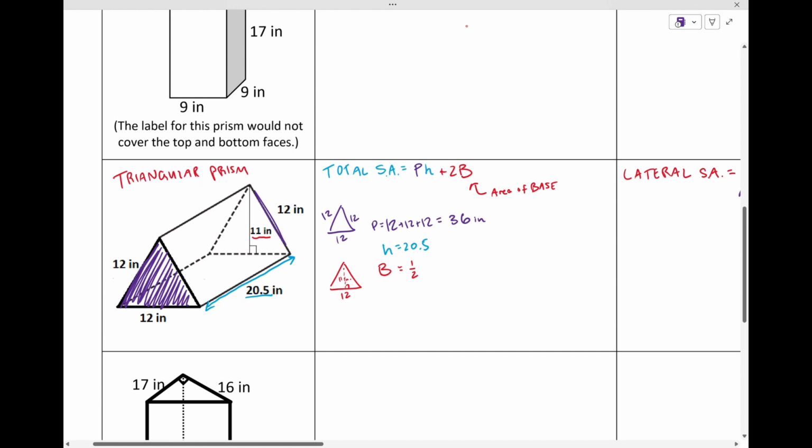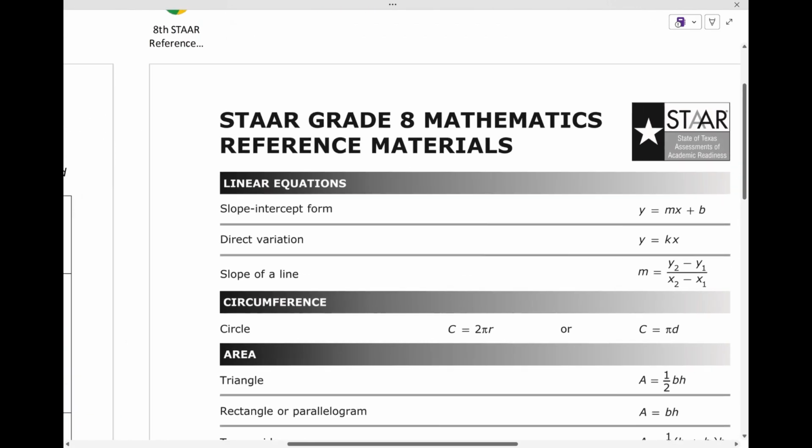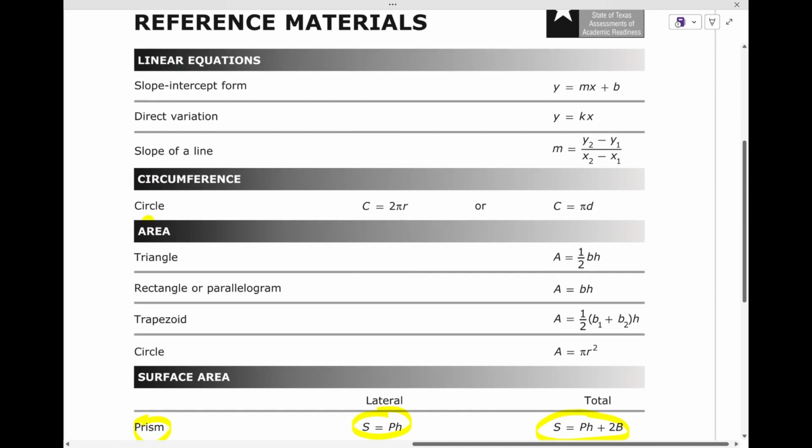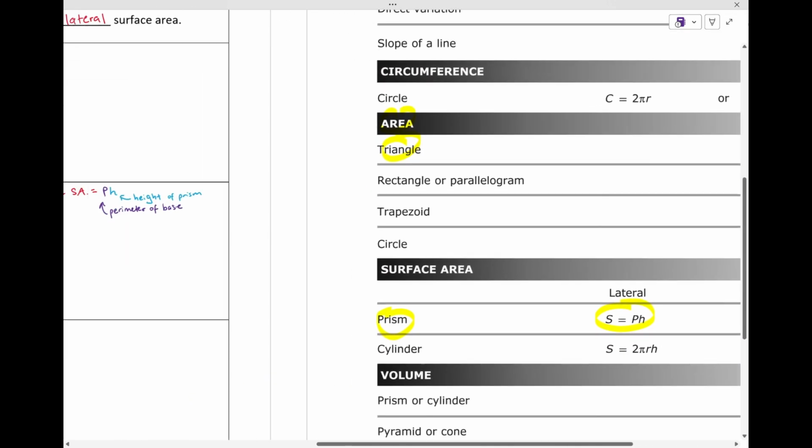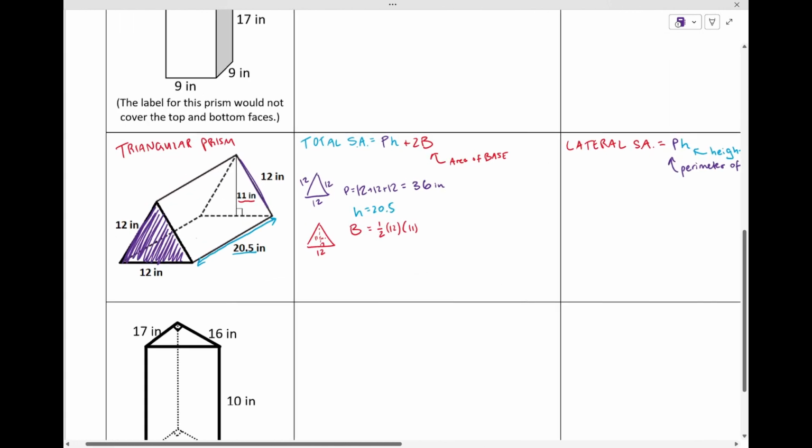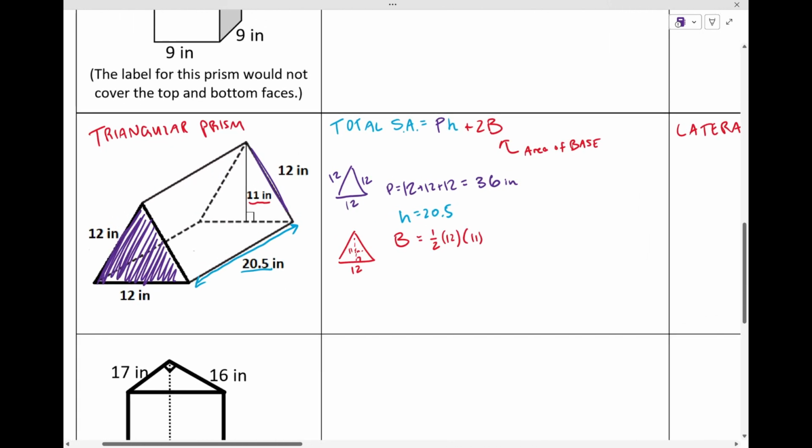That's 1/2 base times height. So base is 12, height is 11. Let me just show you real quick. Okay, we're looking at the area of a triangle. 1/2 BH. B is your base, H is your height of a triangle. You put this all together, you get your answer.